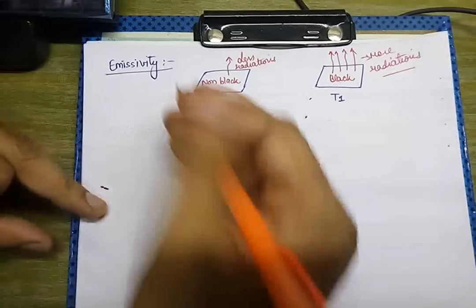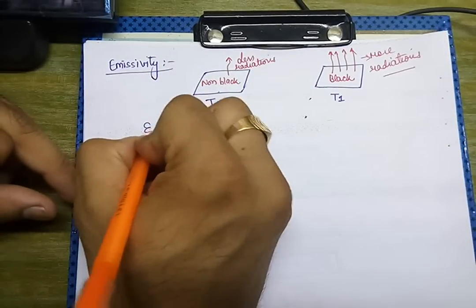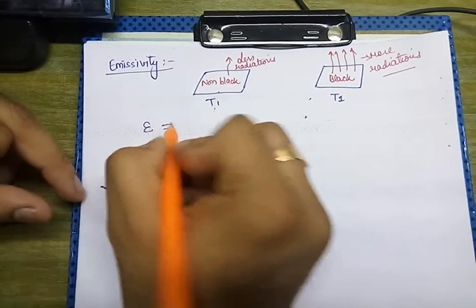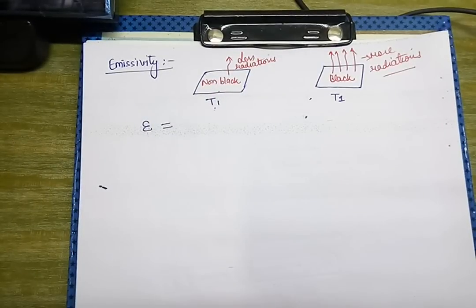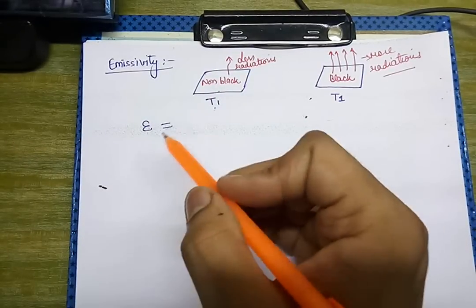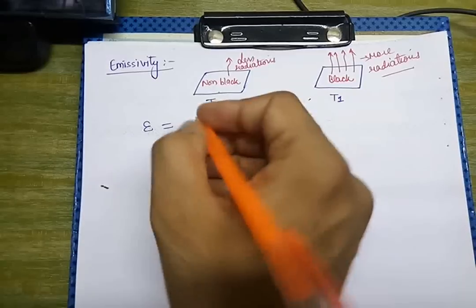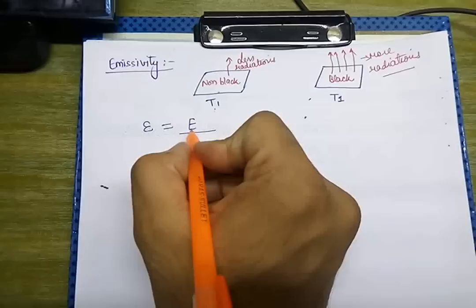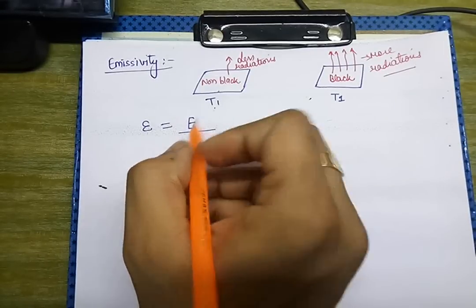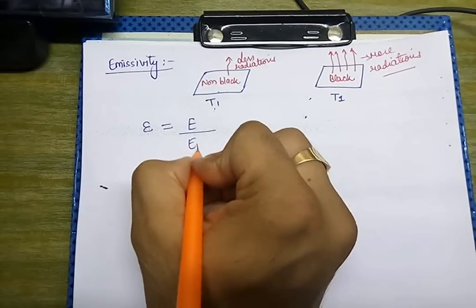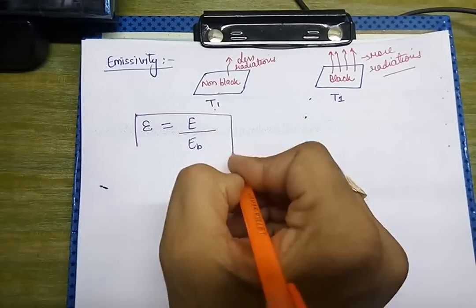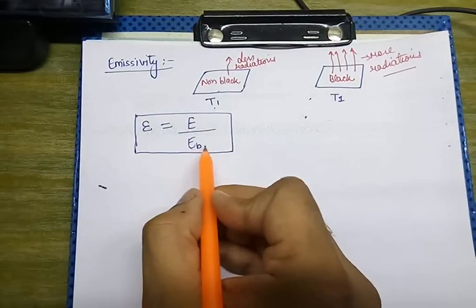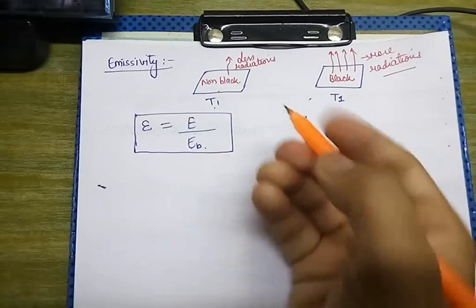Now emissivity is represented by the symbol epsilon. It is defined as the ratio between the total hemispherical emissive power of a non-black body, let it be E, divided by the total hemispherical emissive power of the black body, EB.